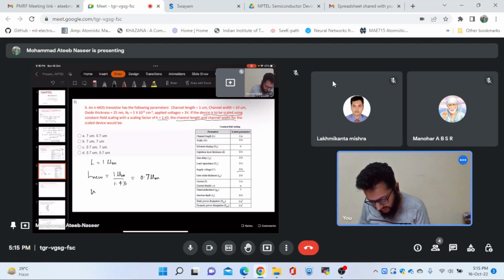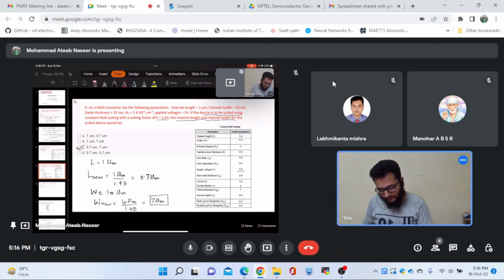Similarly, the width is given to be equal to 10 micrometer. So this new width will simply be 10 micrometer divided by 1.43, which is 7 micrometer. So we will have 0.7 micrometer and 7 micrometer.